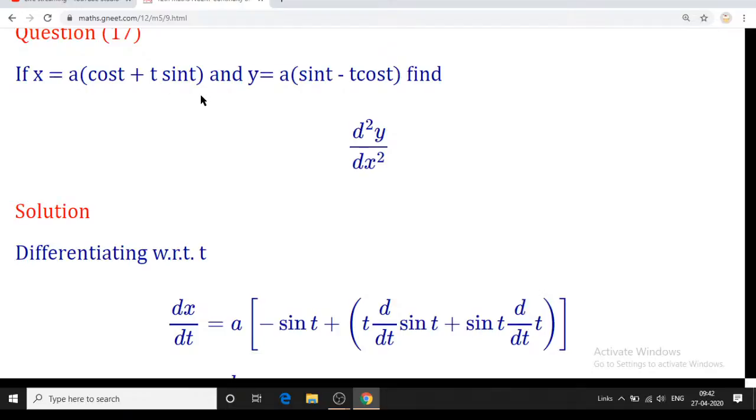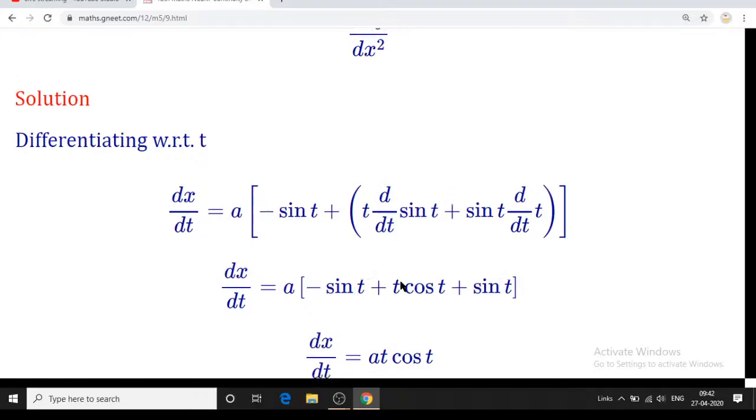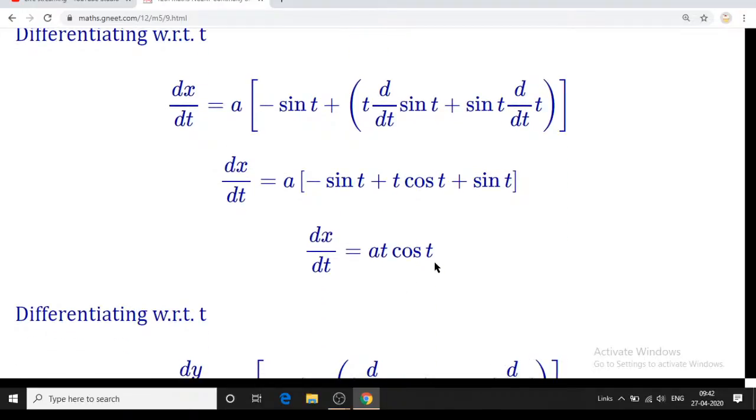T derivative of sin t plus sin t derivative of t. Dx by dt is a, this is a minus sin t, t derivative of sin t is cos t plus sin t derivative of t is 1. This sin t will get cancelled. A t cos t. That is dx by dt.